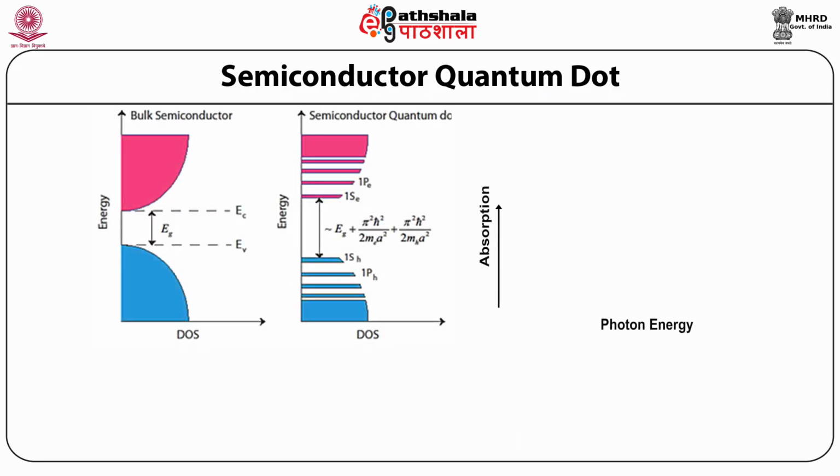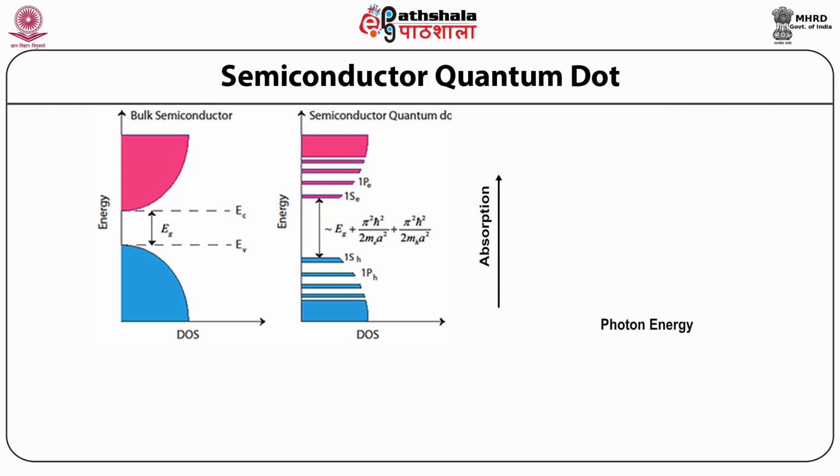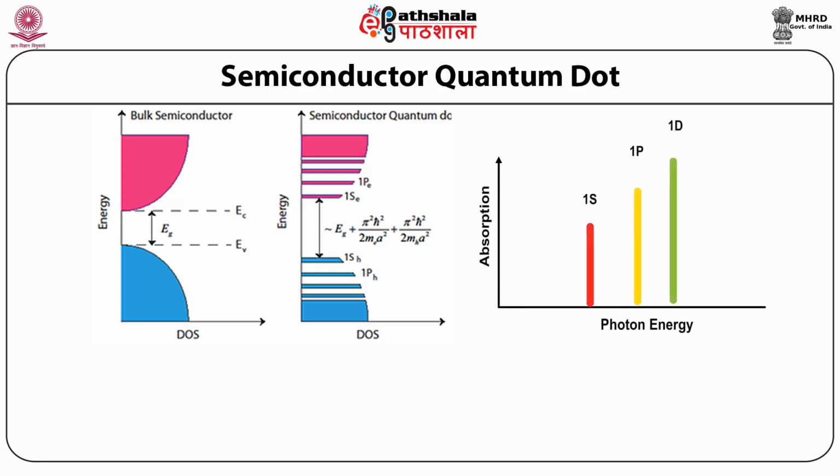Continuing our discussion over the semiconductor quantum dot, as you can see in these two figures, we have a bulk semiconductor and a semiconductor quantum dot. In the bulk case, we have a continuous energy band, whereas in the case of a quantum dot, there is a quantization of energy levels.